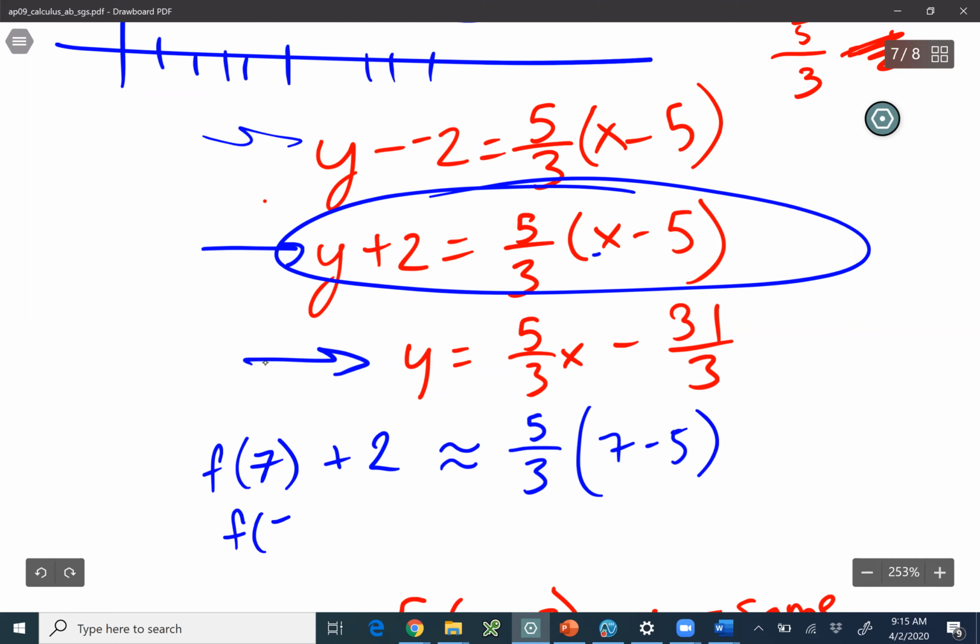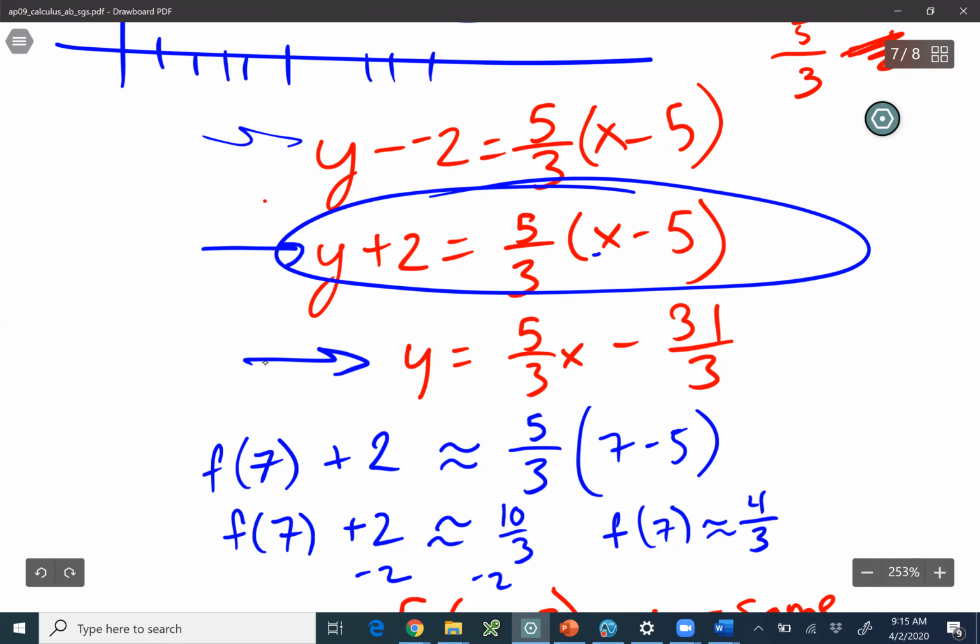So f of 7 plus 2 is approximately 5/3 times 2, which is 10/3. Subtract 2 from both sides. When we subtract 2, it's like subtracting 6 over 3, if we get a like denominator. So that gives us f of 7 is approximately 4/3.